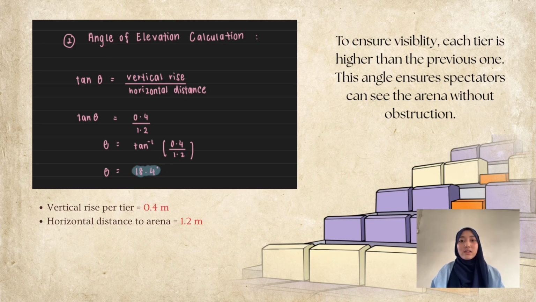Thus, tan theta equals 0.4 divided by 1.2. By calculating the inverse tangent, the angle of elevation is approximately 18.4 degrees. This angle ensures that each successive tier is positioned higher than the previous one, preventing visual obstruction and allowing spectators to view the arena clearly.